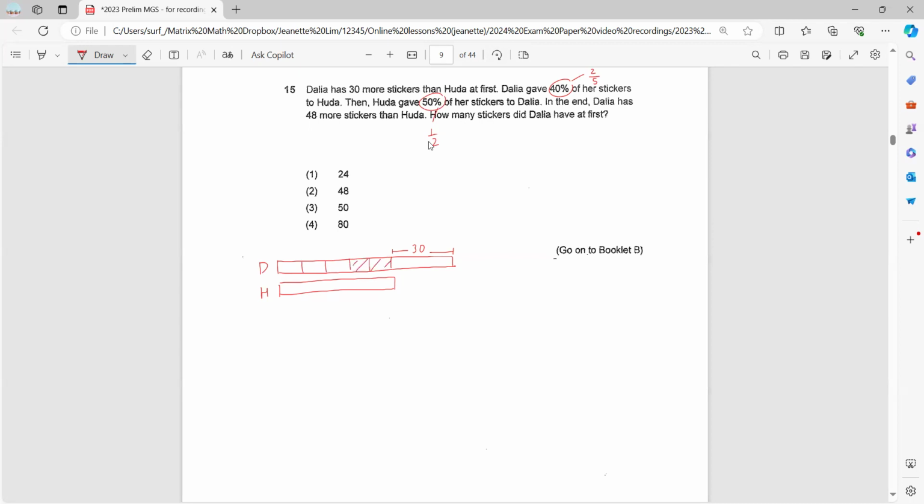And we'll also remove 2/5 from 30. So we calculate 2/5 times 30, which is 12. So in here, it's a 12. Then here, 30 minus 12, 18.